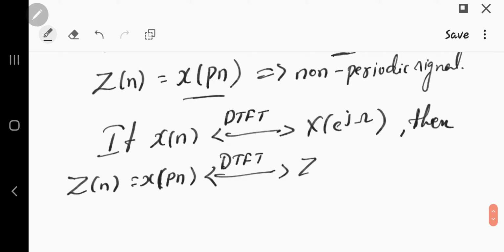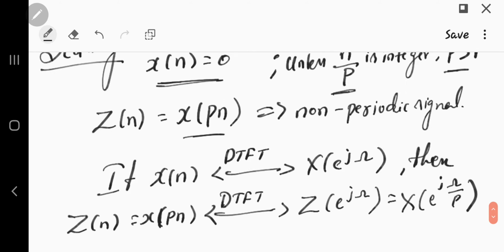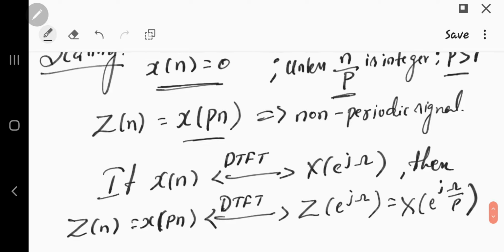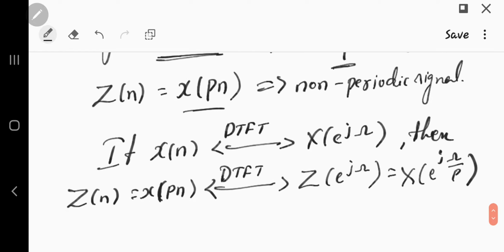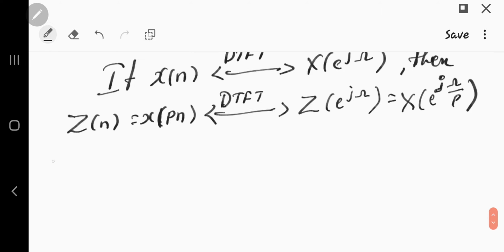Z of e power j omega is equal to x of e power j omega by p. That means this omega by p that we have considered here happens in the frequency domain as well. So this is what the scaled signal will look like. So let us take the proof of this.